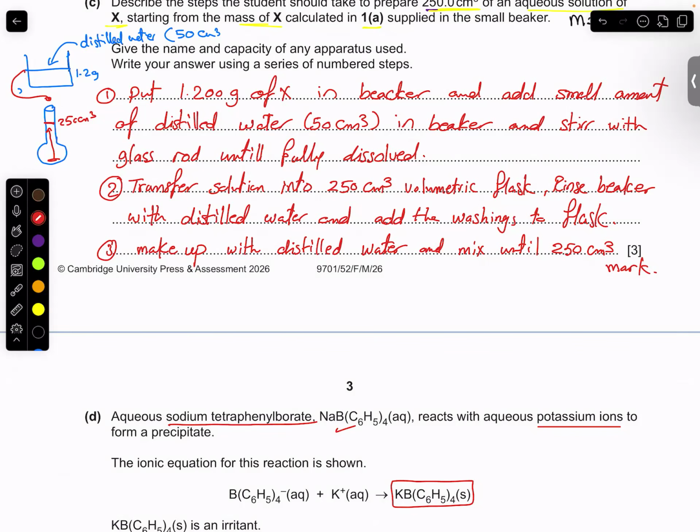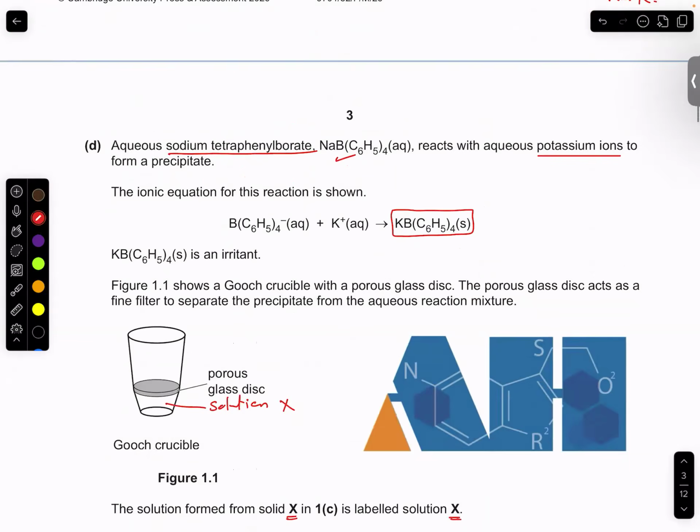Then make up the volumetric flask to the mark, stirring each time you add water. When you fill it to the mark, put the cap on the volumetric flask and mix again. This question is repeated many times, so try to focus on it.